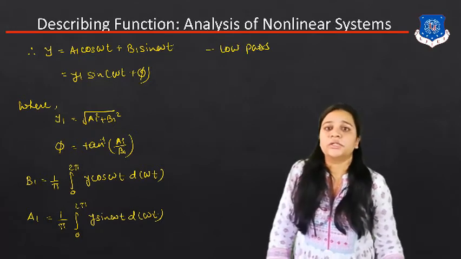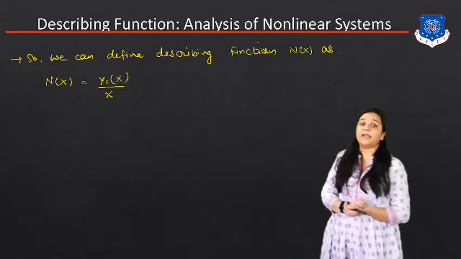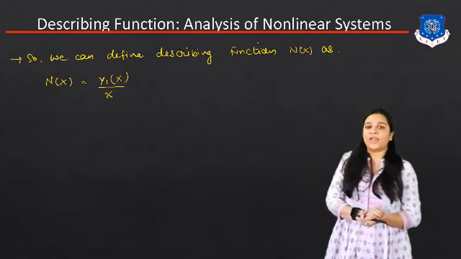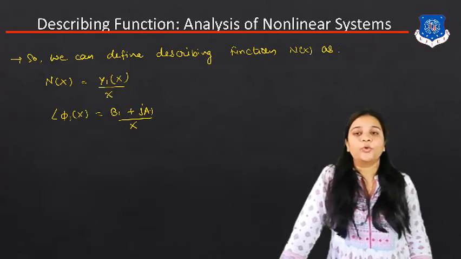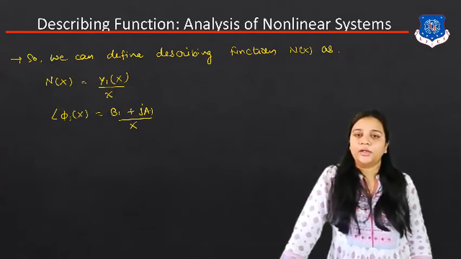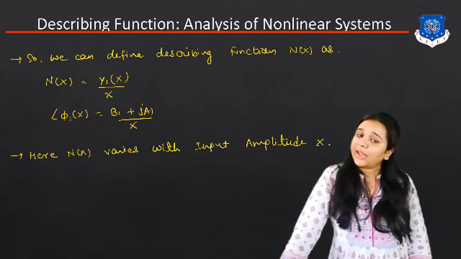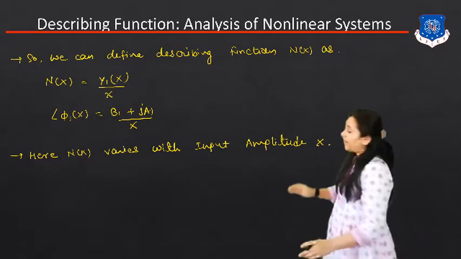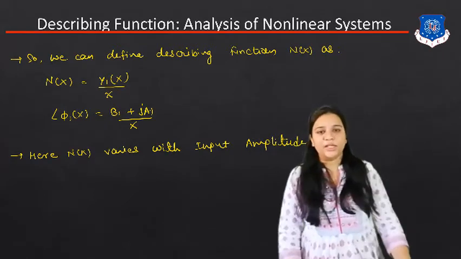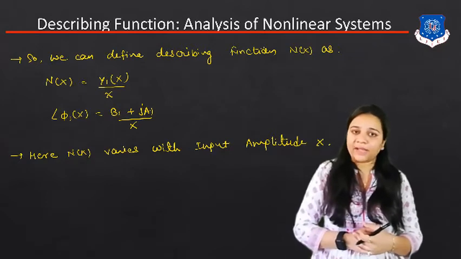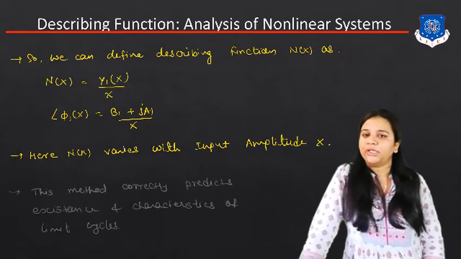Clear? So this is the describing function. We can define the describing function N(X) as Y1(X) upon X, angle φ1(X), that is equal to (b1 + j a1) divided by X. So here N(X) varies with the input amplitude X. Whenever the value of X changes, the value of N(X) will change. As described, the nonlinear system will depend on the amplitude of the input signal.